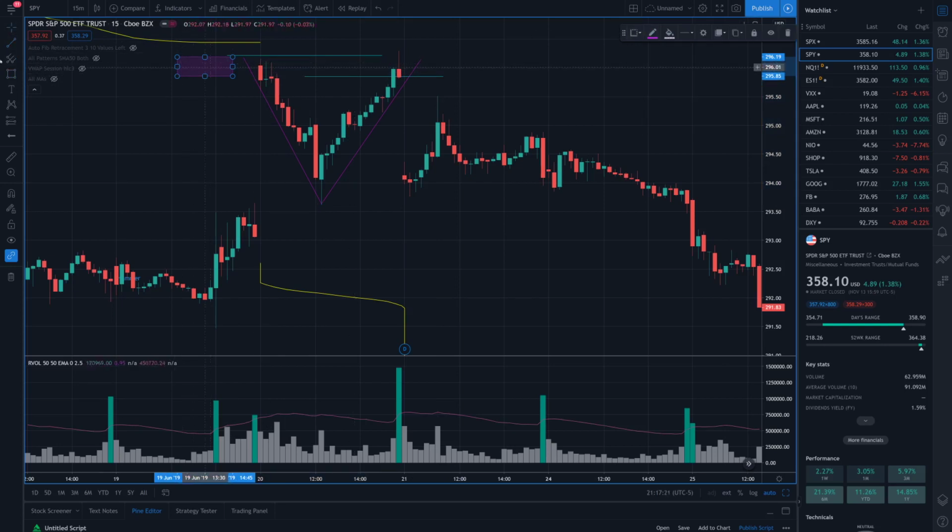Let me color this a different color. So this I'm gonna make red, and then make this red. Right. So this is what the daily candle looked like, where we had this box and then the long wick.